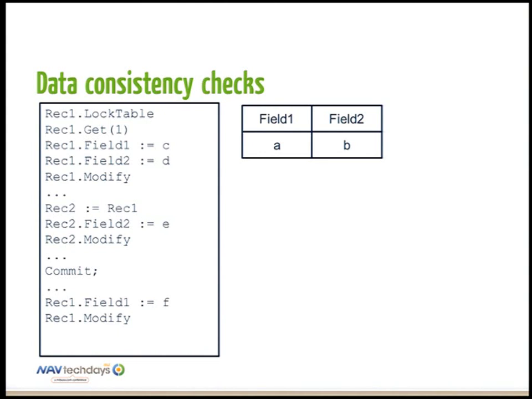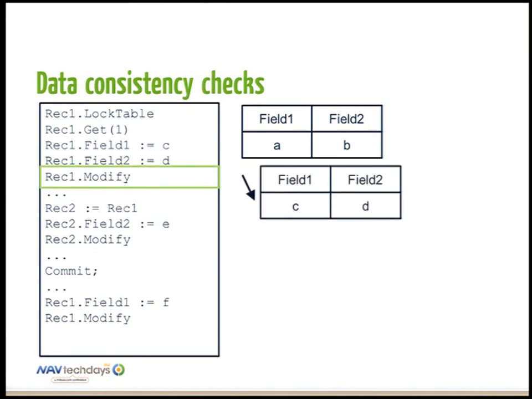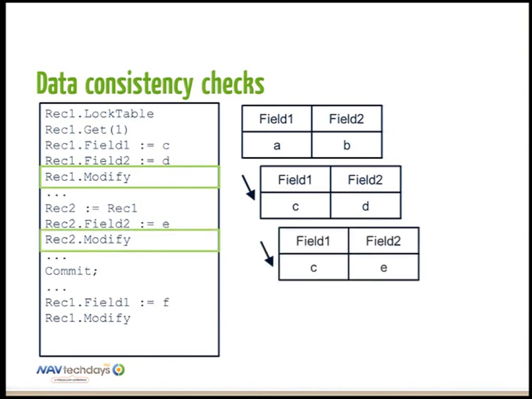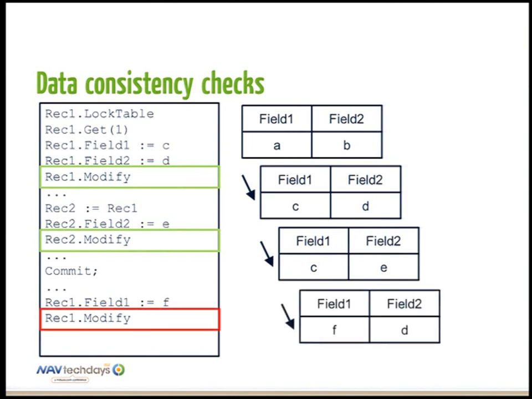So now the value of field 1 is C and the value of field 2 is D. Then using a different instance of the same record, I modify field 2 to E, and then I go and use the old version, my record 1 up there, to make a single modification to field 1. But because it's an old version, field 2 is still equal to D.